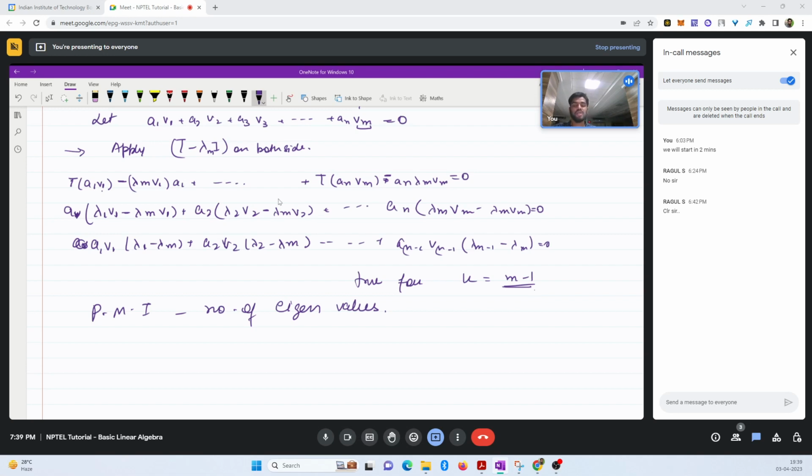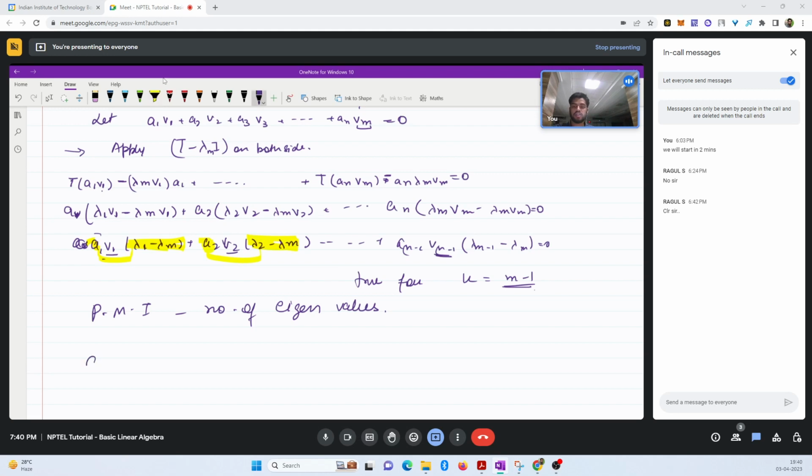Now by the PMI assumption, v1, v2, ..., v(m minus 1) are already linearly independent, because they are m minus 1 in number. What that would mean is anything that is coming as a coefficient along with them should be 0.